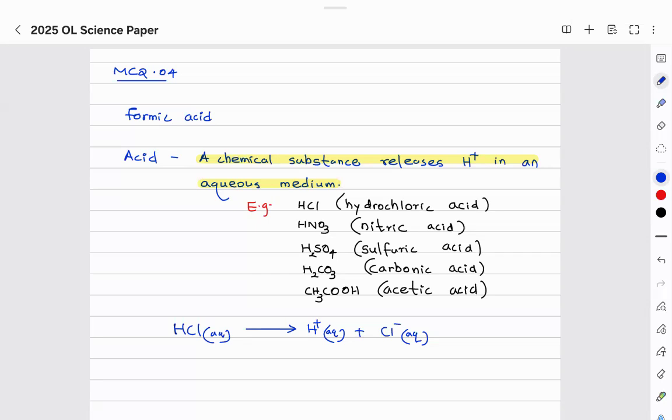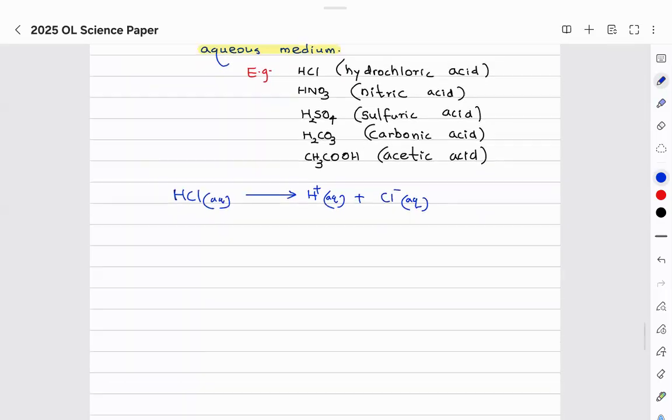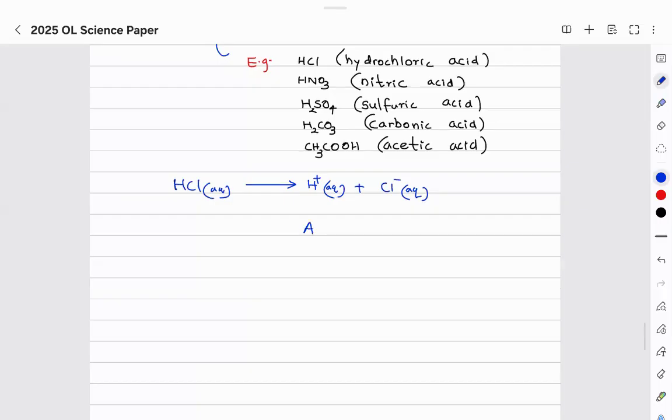And can you remember, I want to remind you here, acid can be classified again into two different ways. This is actually grade 11, I think, unit number 7, but it's okay, right? What are the two types of acids?